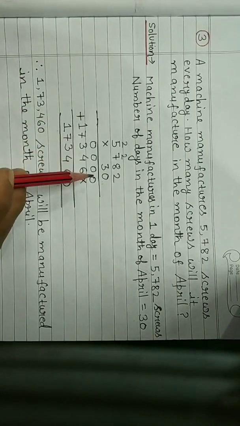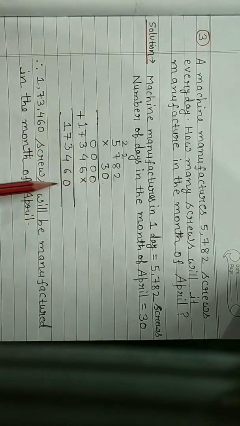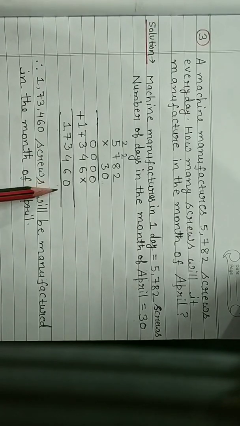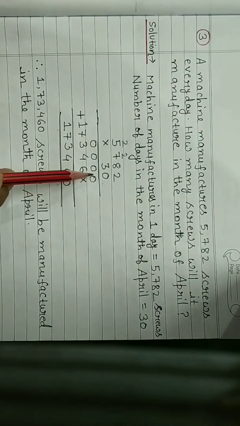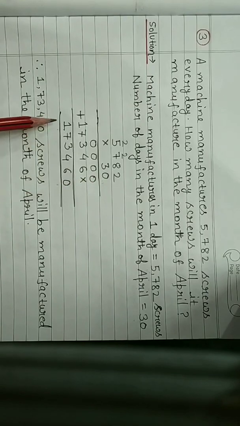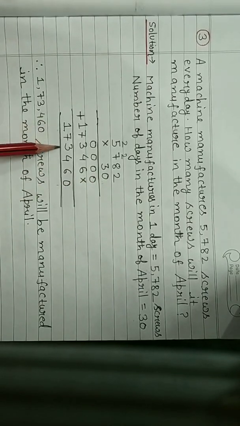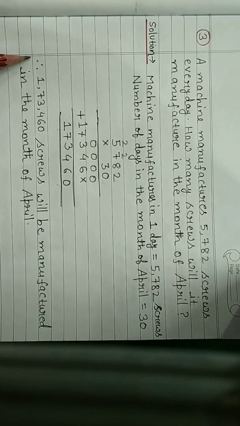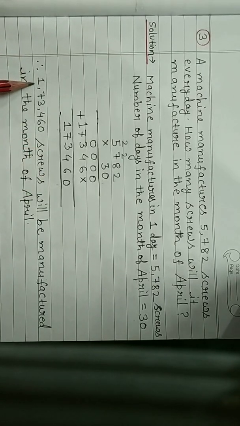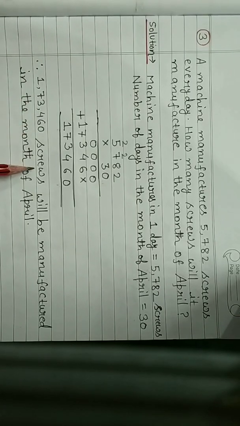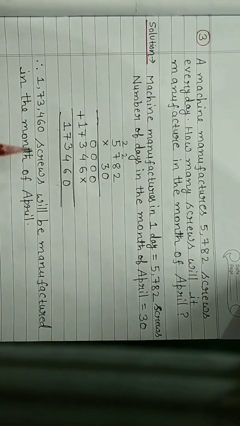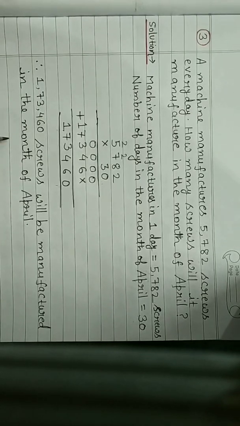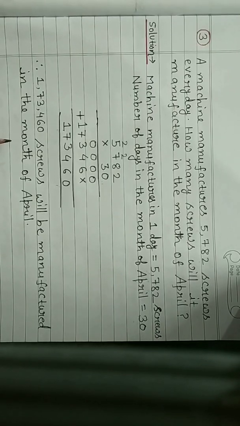So I have multiplied these two numbers here, as you know how to multiply two numbers, and after multiplying the answer is 1,73,460. So at the end I have written, therefore 1,73,460 screws will be manufactured in the month of April. Okay, now this question is done.